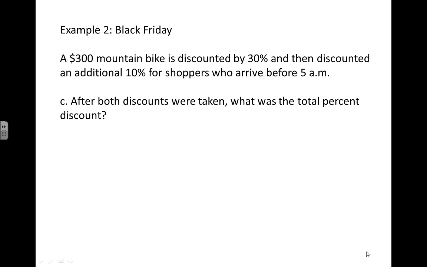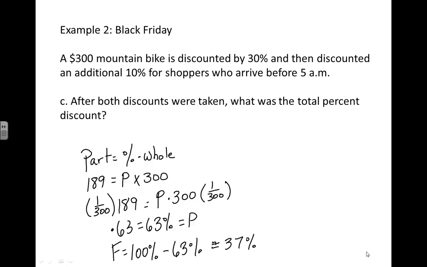Letter C. After both discounts were taken, what was the total percent discount? A final discount of 40% would mean that you add 30% to 10% and apply it to the same whole.